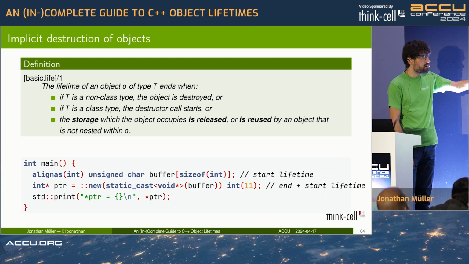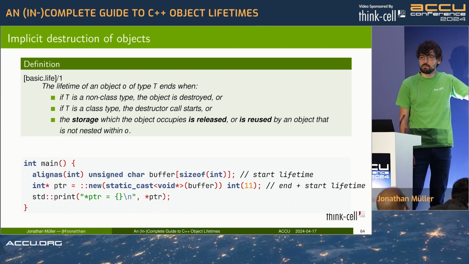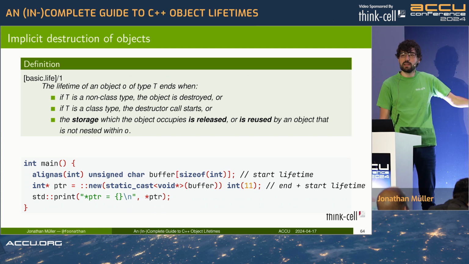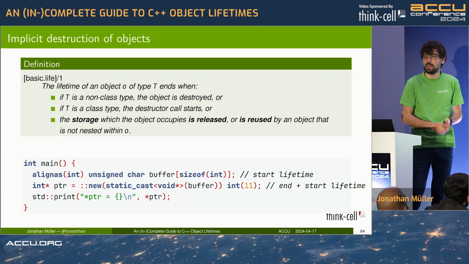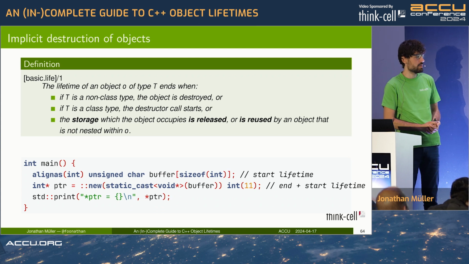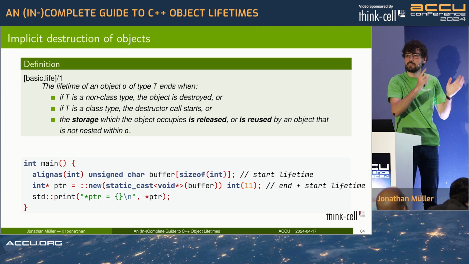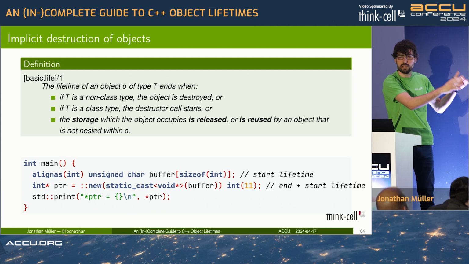Similarly, when we've got our unsigned char buffer, this starts the lifetime of an unsigned char array. And when we call placement new on there, this ends the lifetime of this unsigned char array and instead starts the lifetime of an int. And then we can use that pointer. We also can't use the buffer anymore as is, because we don't have an unsigned char array anymore. We just have an int object.